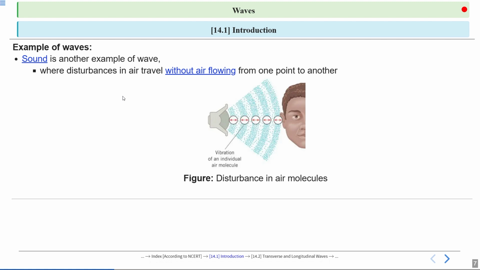The key point is that the disturbance or the energy moves forward, but the air molecules themselves just oscillate around their positions. This is why you can hear someone talking across a room without the air itself flowing from them to you.